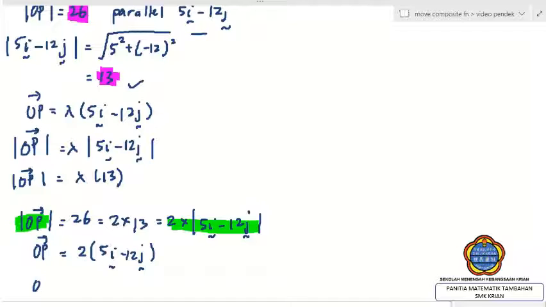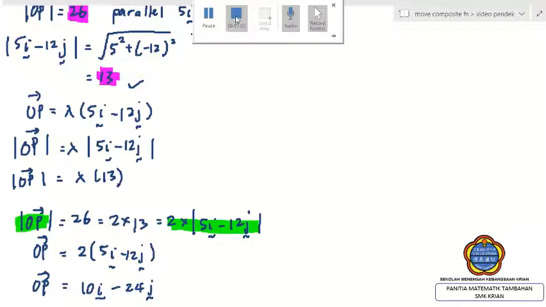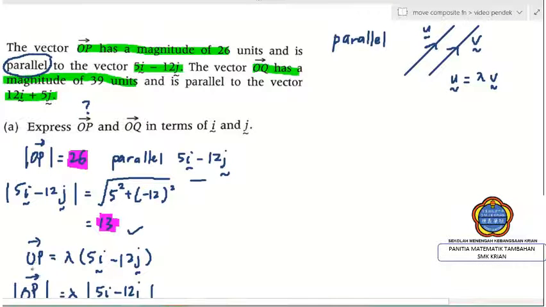And expand, vector OP will be 10i minus 24j, and this is your final answer for question A, vector OP. Okay, we finish OP. Now we continue for vector OQ here.